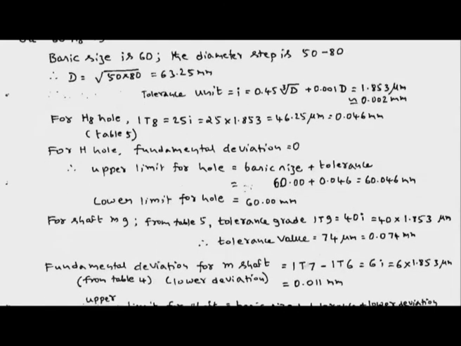Now, the fundamental deviation for the M shaft, that is nothing but the lower deviation, from table number 4 we can calculate by using this relationship IT7 minus IT6, this is equal to 6 times I, this is equal to 0.011 millimeter.